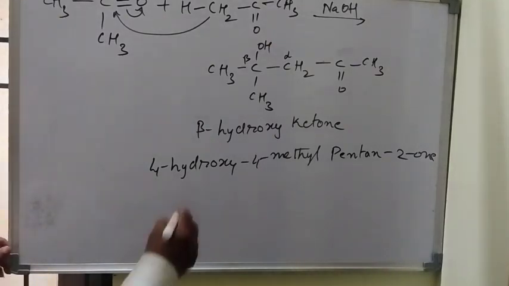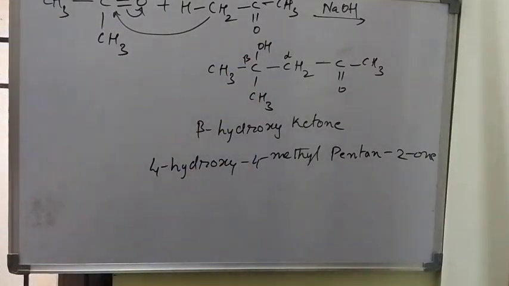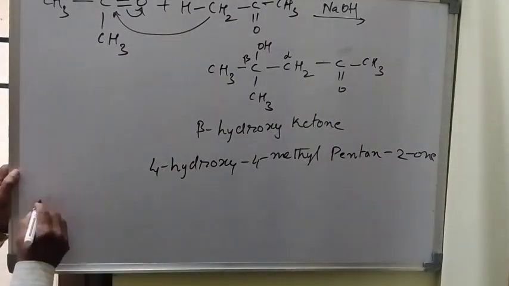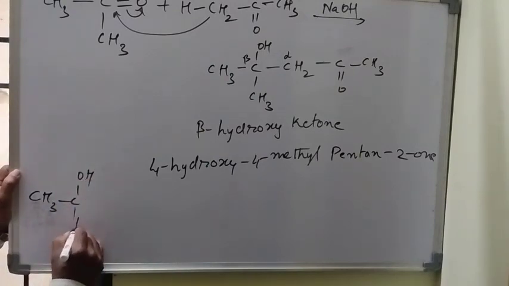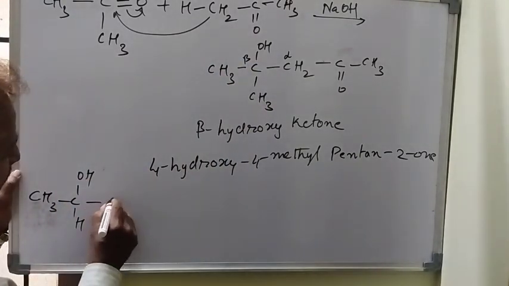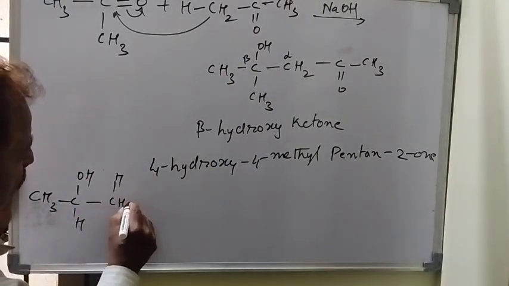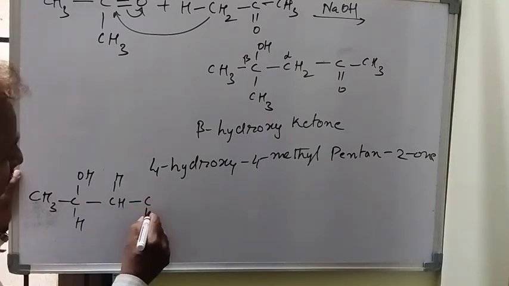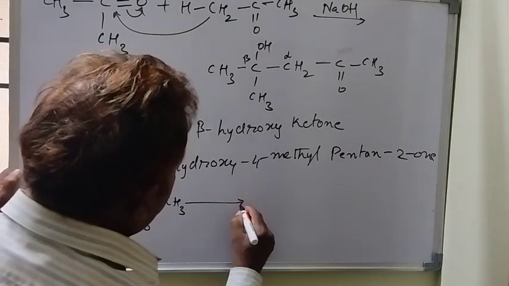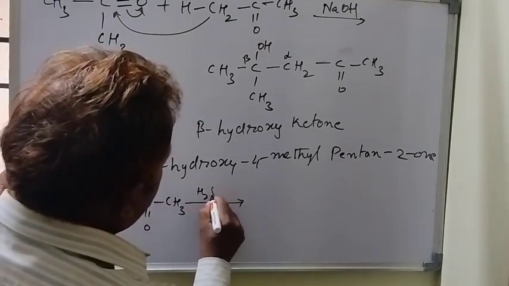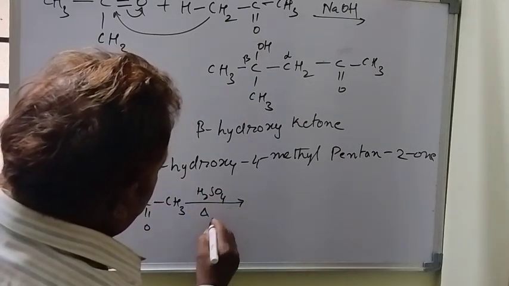Now here, these are beta hydroxy aldehydes or ketones. From this we get one more substance. Therefore this is CH3 C(OH)(CH3) with H and H on CH2, then C double bond O CH3. So dehydration takes place in the presence of concentrated sulfuric acid and heat.